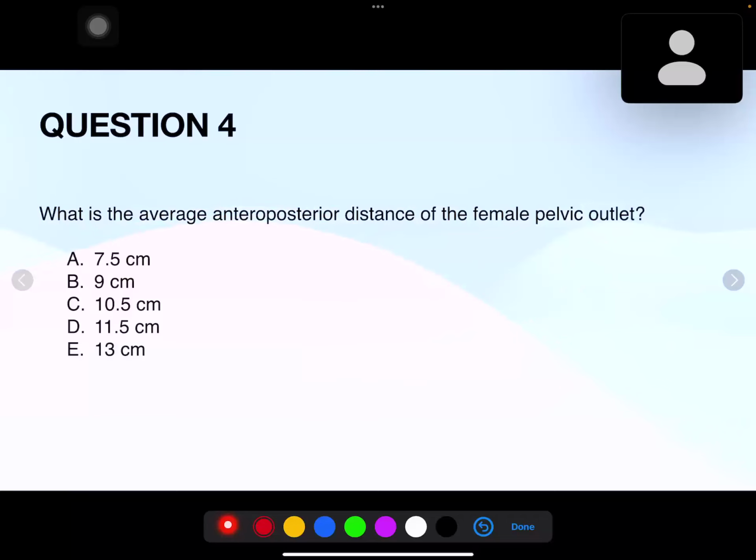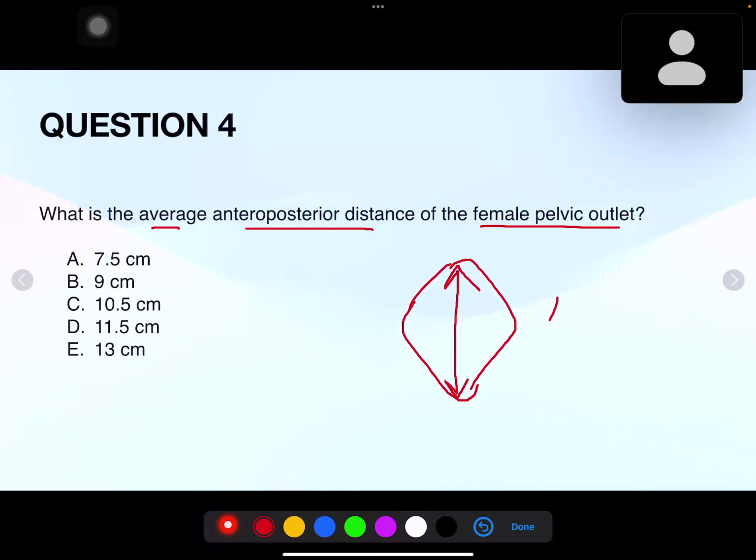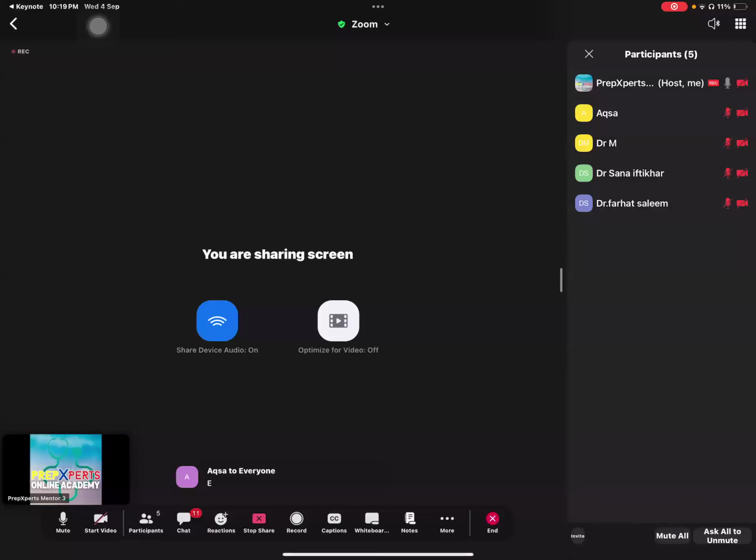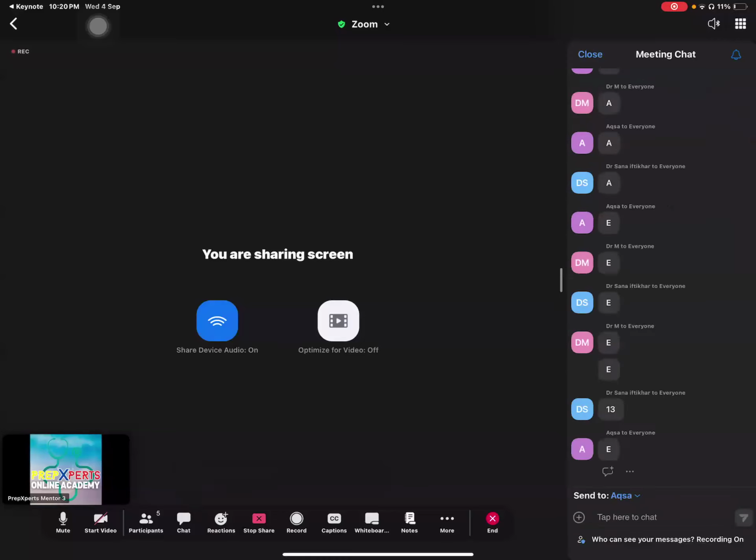What is the average AP diameter of the female pelvic outlet? Can anybody answer? This is the outlet I have drawn. So the AP diameter, anybody here?